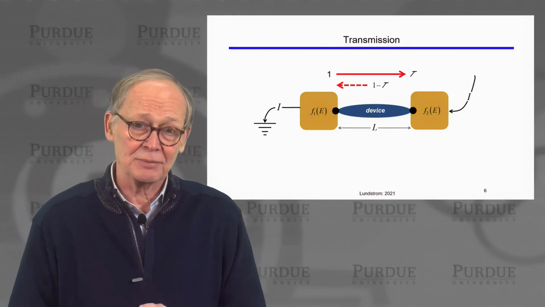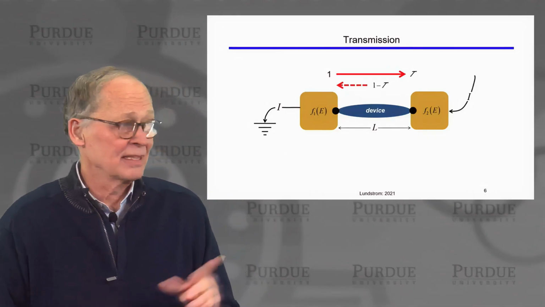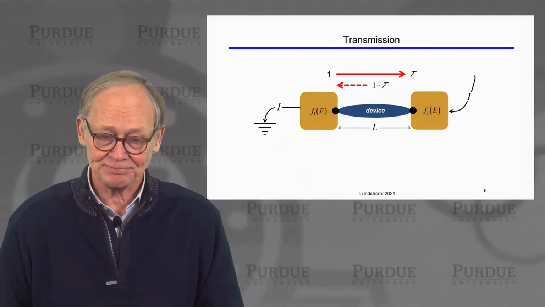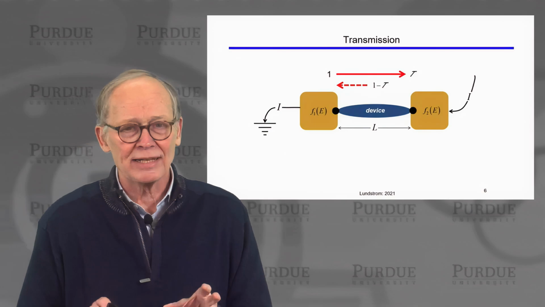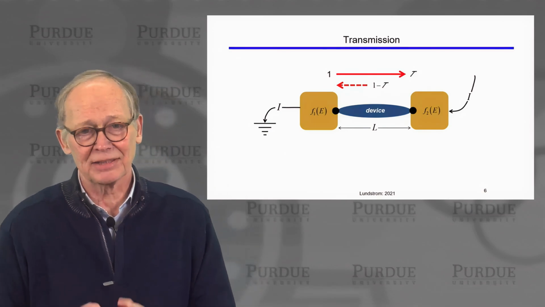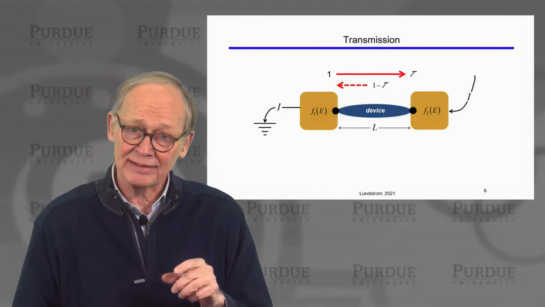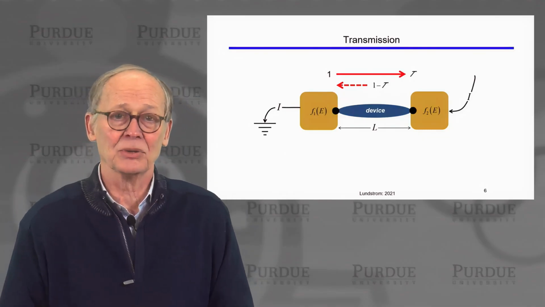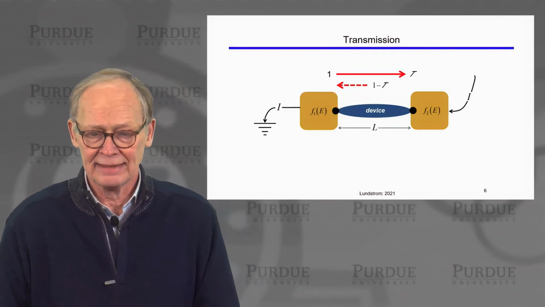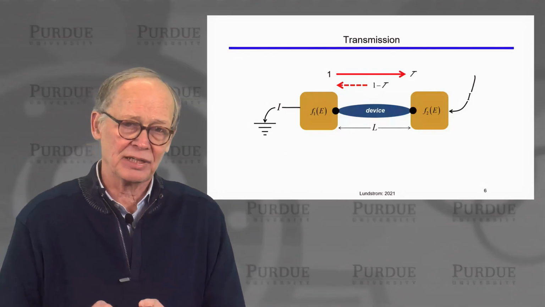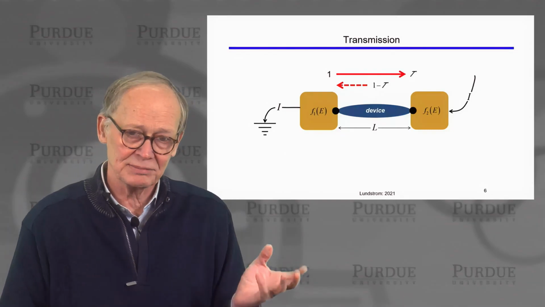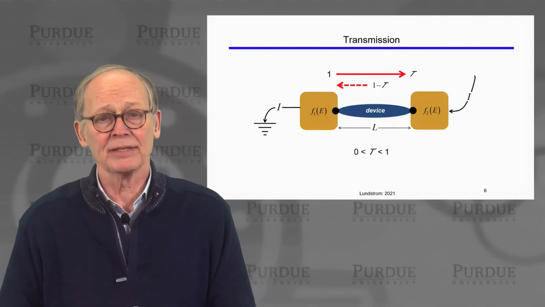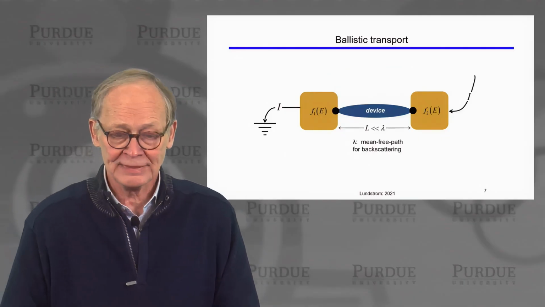Now, there's also a probability 1 minus T that it will backscatter and return and go back to the source from which it came. We're going to assume that there's no recombination in this device. The electron doesn't disappear. If it's injected, it either has to come back into the first contact or it has to exit from the second contact. Same thing happens if an electron is injected from contact 2 and transmits across to contact 1. So simply a number between 0 and 1.